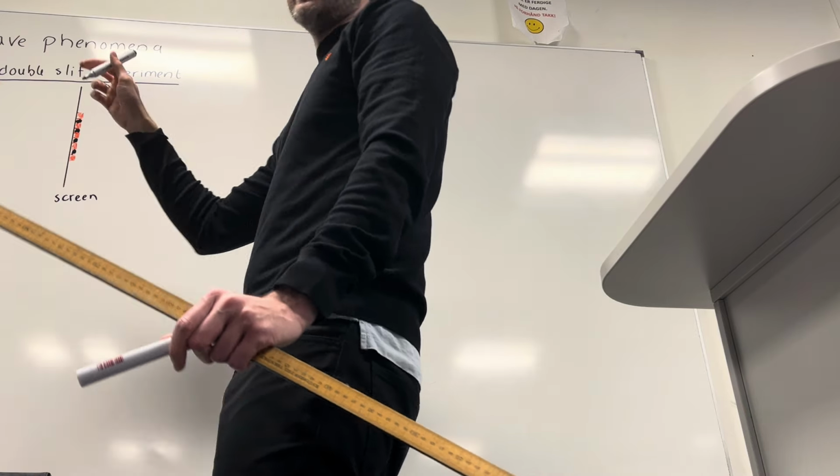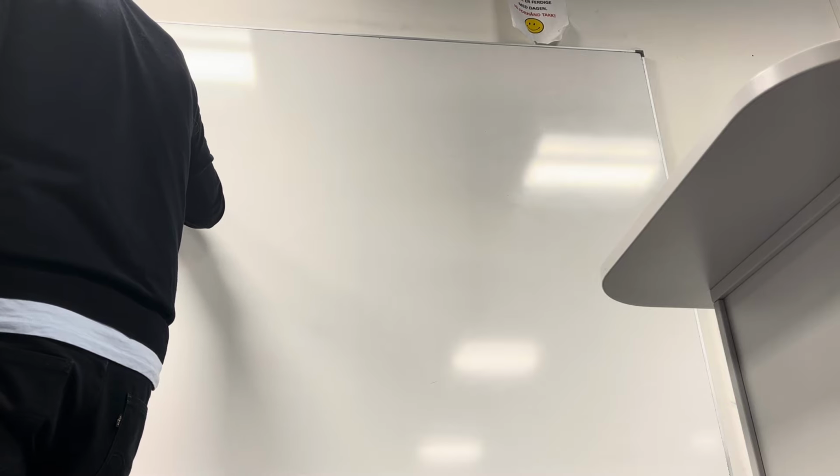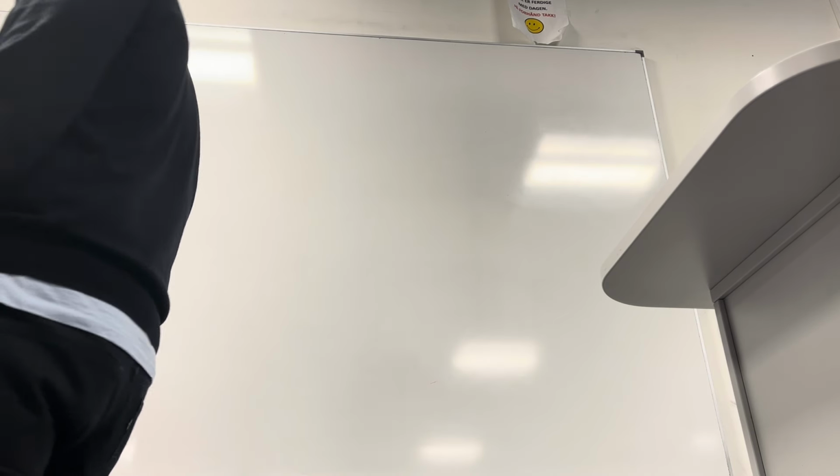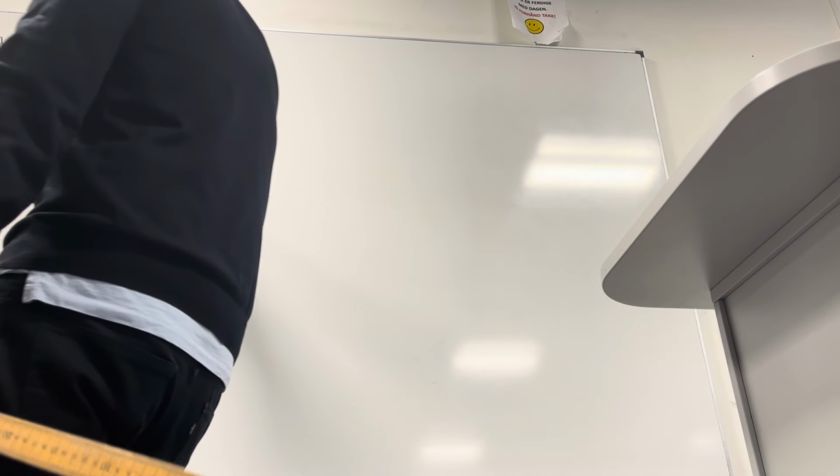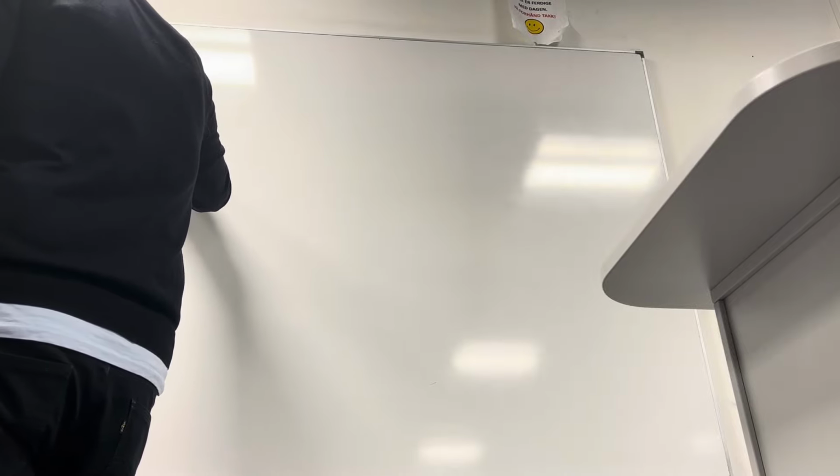So this one in the middle, we got bright light. That was called the central maxima. It's denoted n equals 0. And then we had n equals 1 here, n equals 2 here, n equals 1 here, and n equals 2 here.